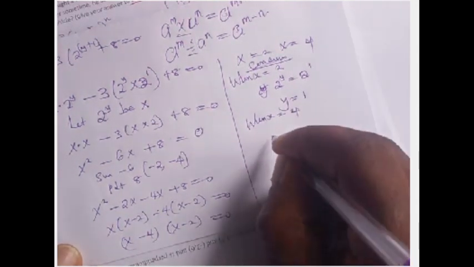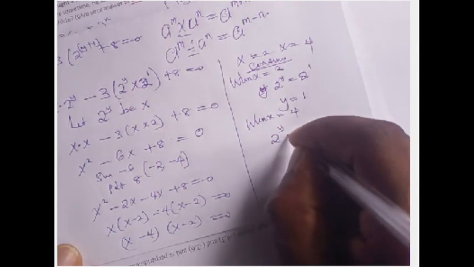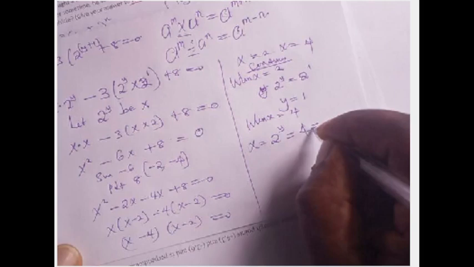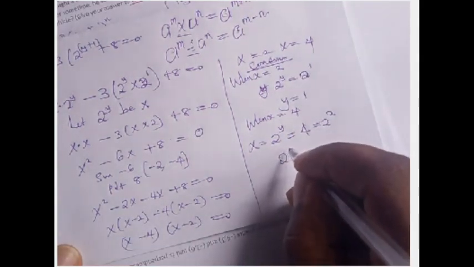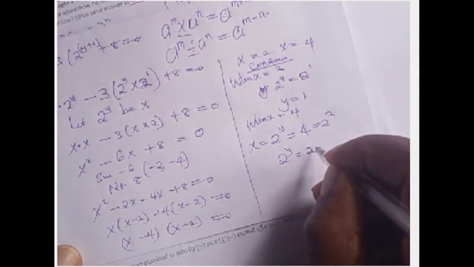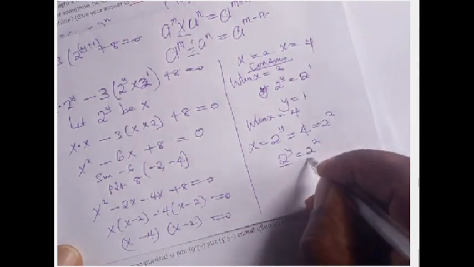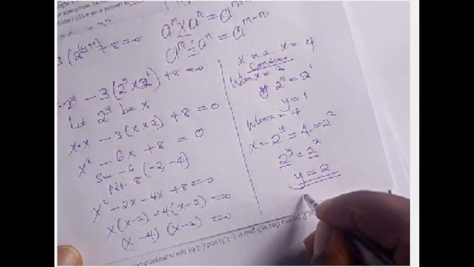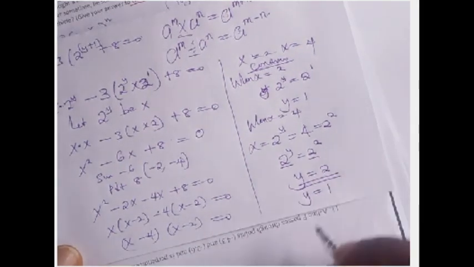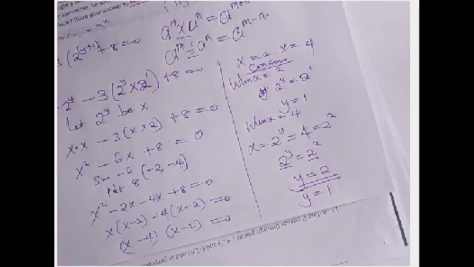And when x is equals to 4, 2 to the power of y, which was x, is equals to 4, is equals to 2 to the power of 2. So 2 to power y is equals to 2 to power 2. Base is the same, we equate the indices, y is equals to 2. So we have the two values of y is equals to 1 and y is equals to 2.